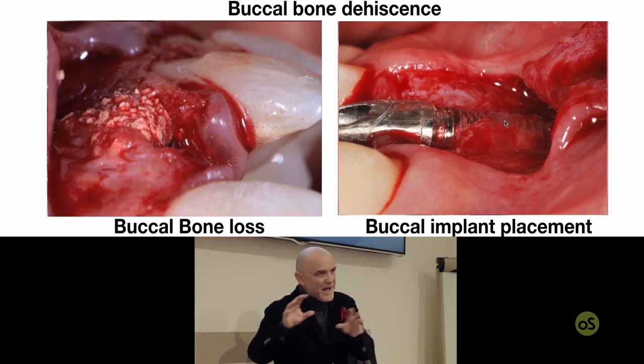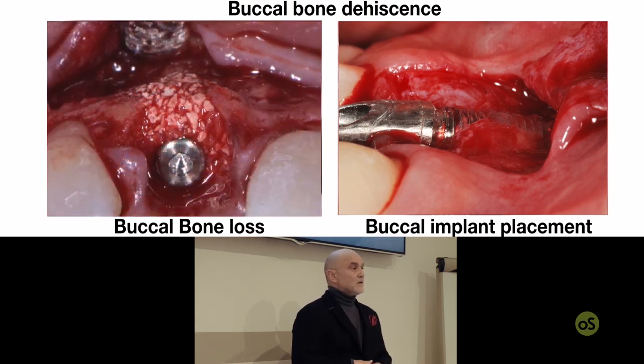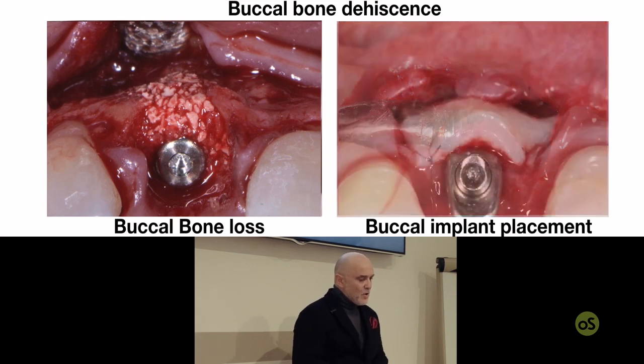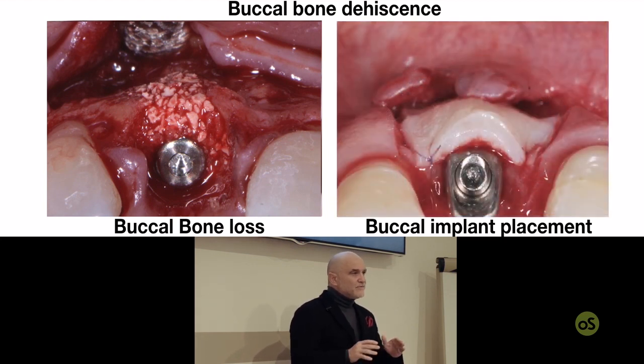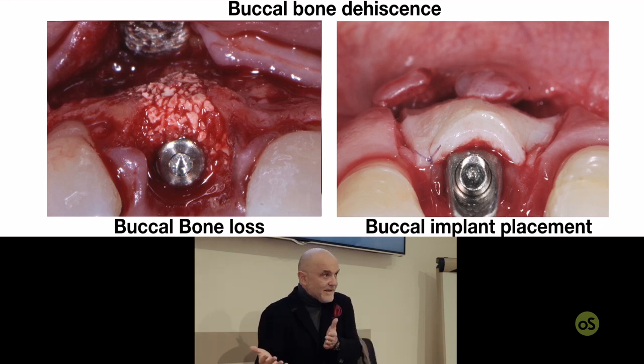So one is buccal bone dehiscence that is due to bone loss that can be treated with bone and membranes. The treatment with bone and membranes doesn't exclude the need for increasing soft tissue thickness in the suprabony area.